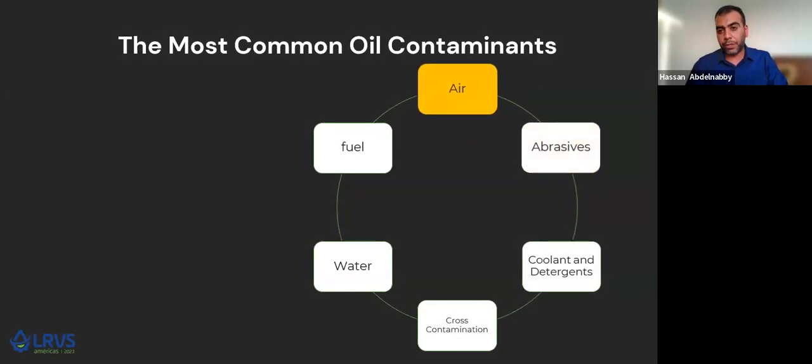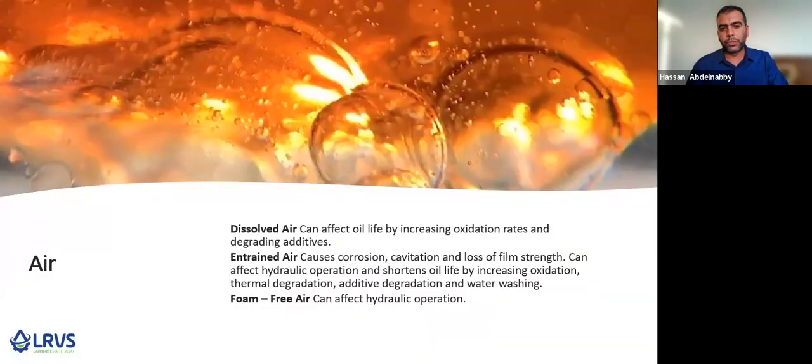Next, we have air. Air is a huge problem when you try to transmit power. If you're going to transmit power in your brakes and you have air inside the system, when you start hitting the brakes, it will not work. There are different types of air, and we are more focused on entrained air.